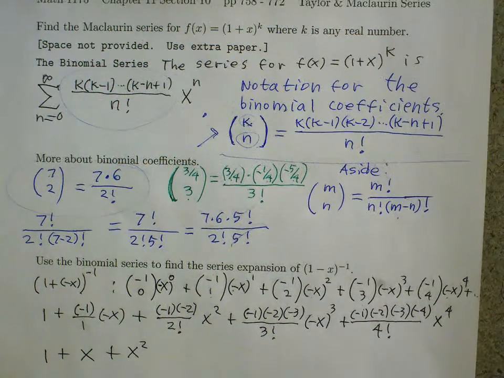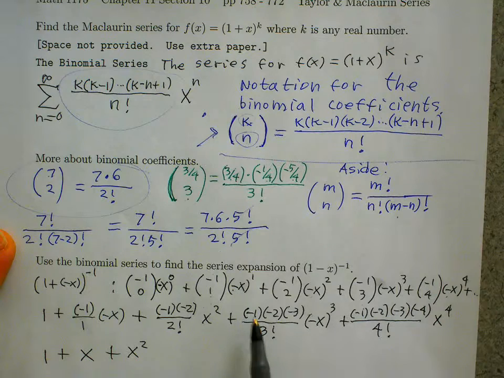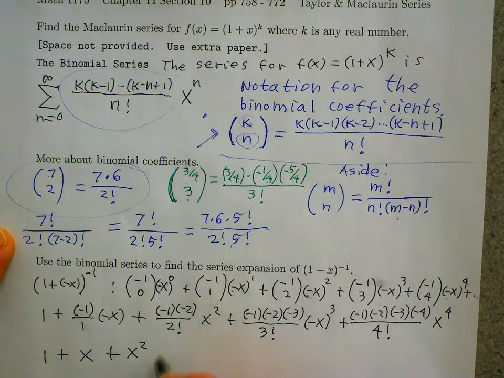What's the next term? Plus x to the third. Yeah, negative 1 times negative 2 times negative 3 is negative 6. But negative x to the third is the negative of x to the third. So it's positive 6 over positive 6, which is 1. And so we get plus x to the third.